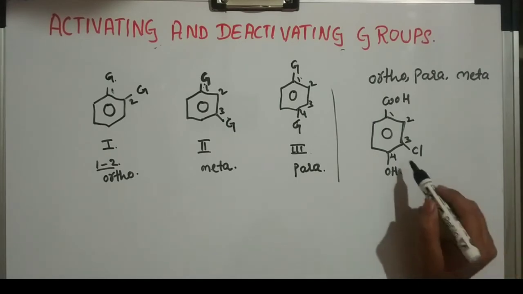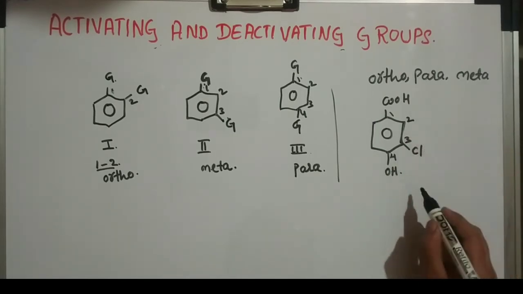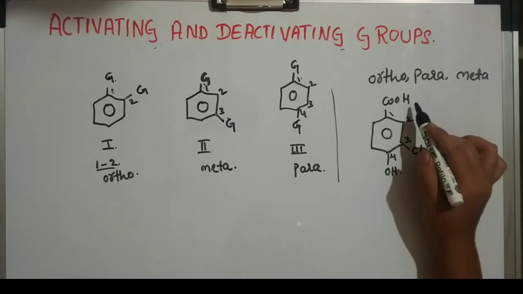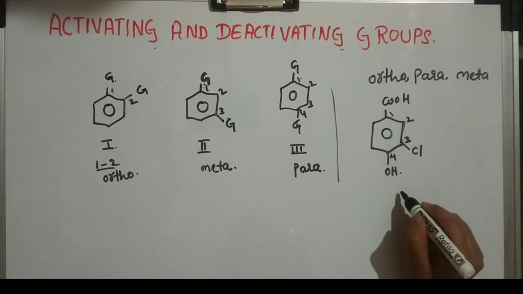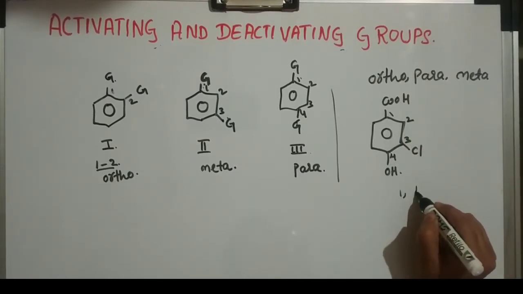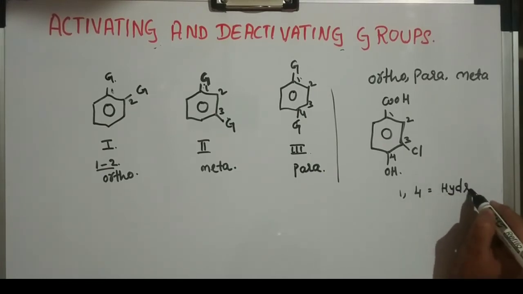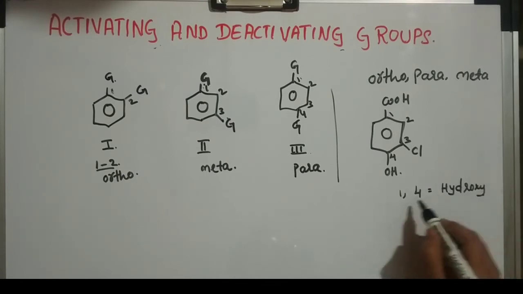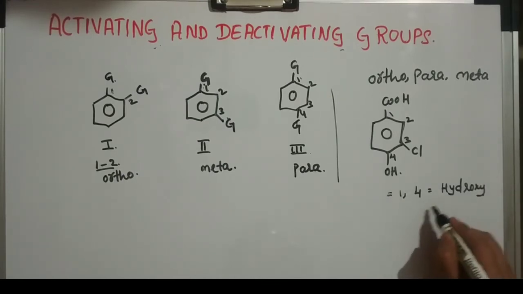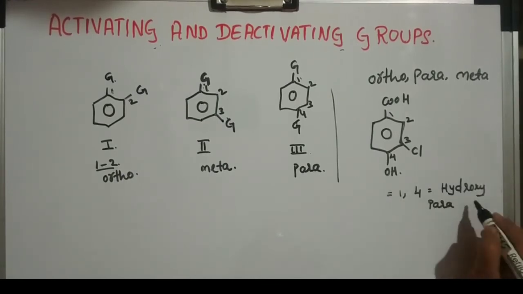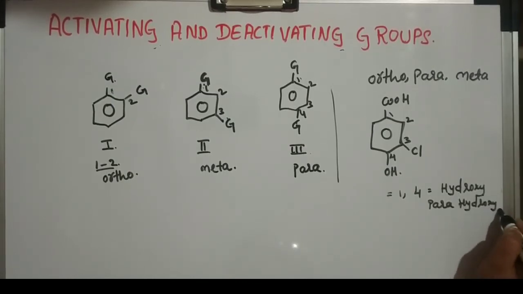Here is a carboxylic group at 1, and at 4 a hydroxy, so you will name it para hydroxy.